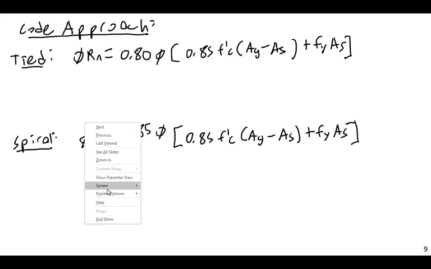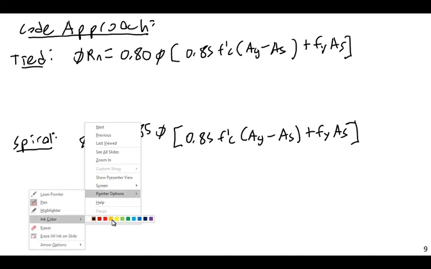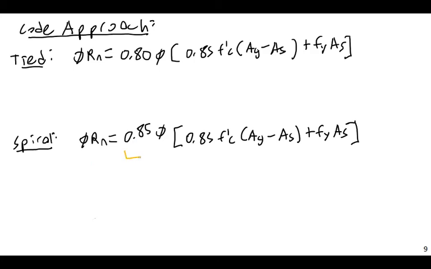Let me annotate this a bit. First of all, I want to mention this first factor, the 0.80 and 0.85. This is not necessarily a phi factor. What this fundamentally is, is something to take into account that almost all columns, even those we call short columns, even if our math says that they're not going to have any moment on them, in reality are going to have some moment on them, so we're going to decrease the capacity a little bit.